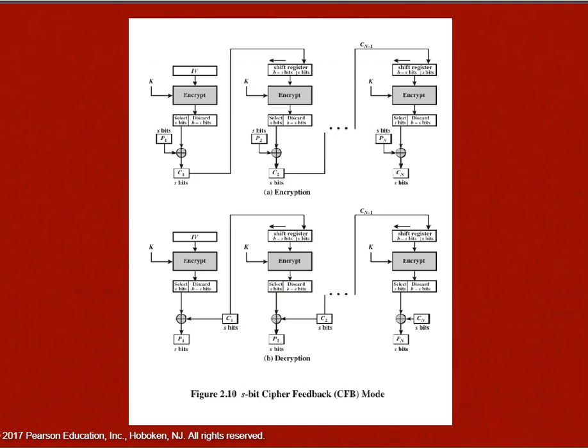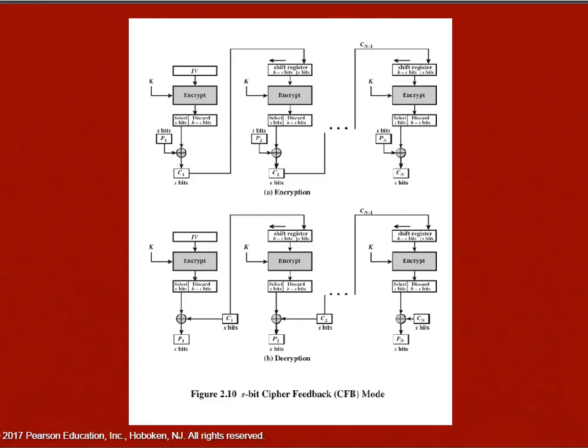It is possible to convert any block cipher into a stream cipher by using the cipher feedback, or CFB, mode. Okay, we call it cipher feedback, CFB. A stream cipher eliminates the need to pad a message to be an integral number of blocks. Okay. It also can operate in real time.